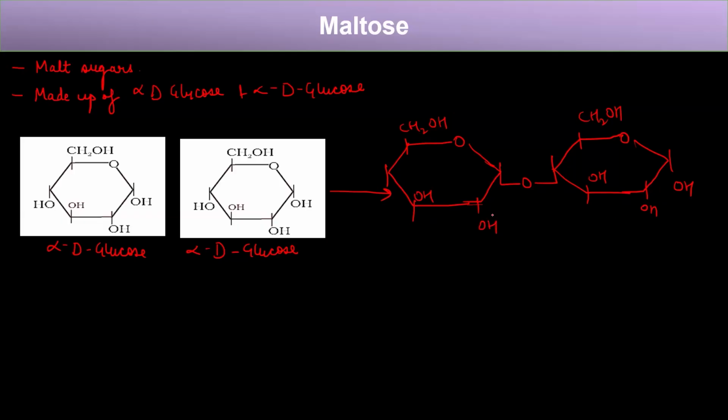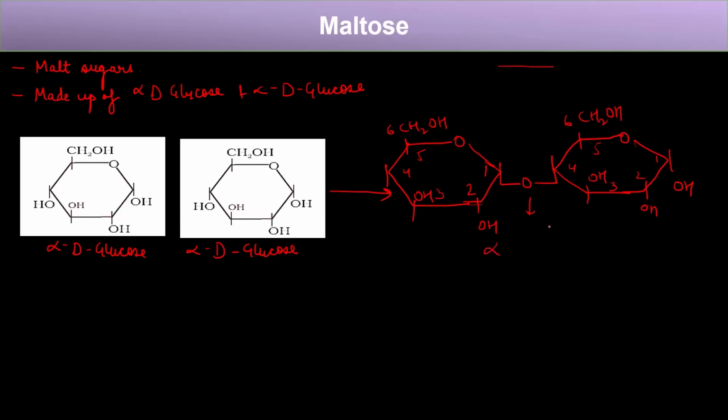Okay. Now, if we talk about the linkage, what kind of linkage are we seeing here? If you number, this is 1, 2, 3, 4, 5, 6. And here also 1, 2, 3, 4, 5, 6. What carbon molecules are involved in bond formation and what kind of linkage is it? The linkage we are seeing is linear, something like this, right? And this kind of linkage is what?